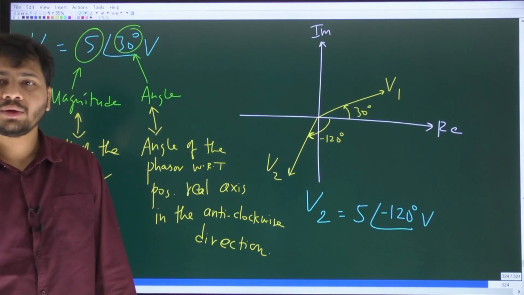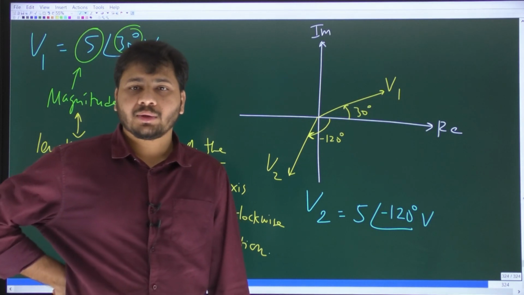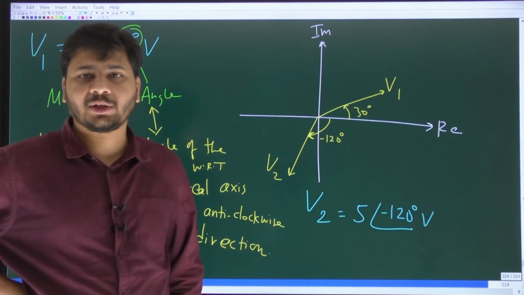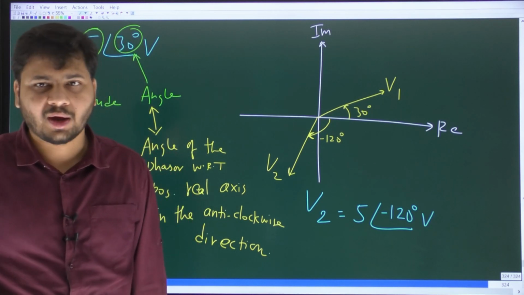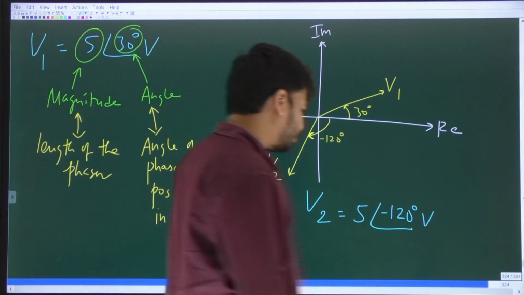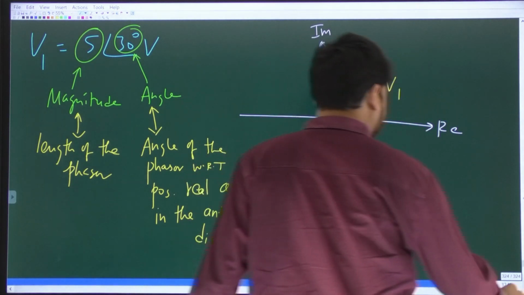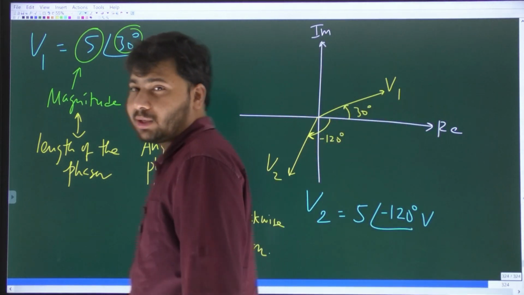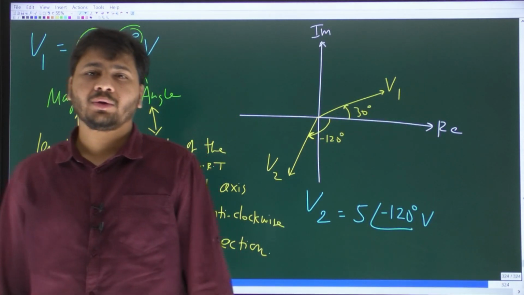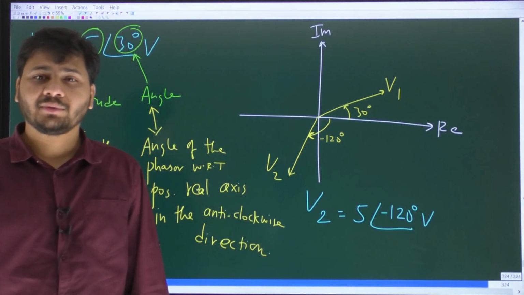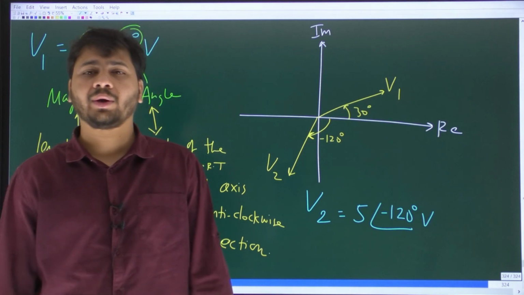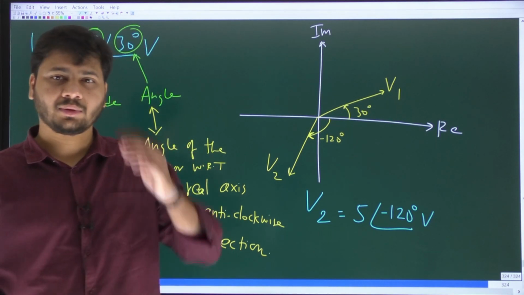So this is how you represent phasors on the complex plane. So if the angle is positive, you should rotate in the anti-clockwise direction. And if the angle is negative, you should rotate in clockwise direction. Okay.